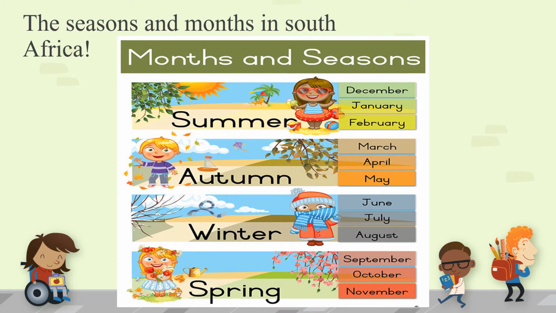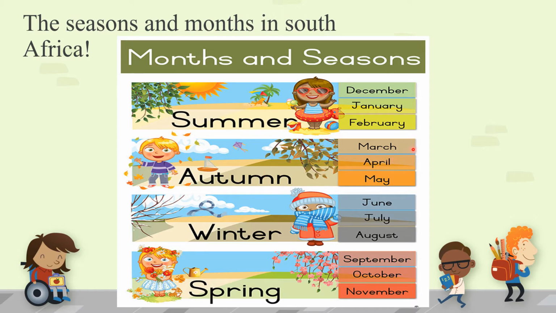Months and seasons differ, but summer starts off in December, January, February. If you're born within those 3 months, you usually have a summer day birthday. The next season is autumn.